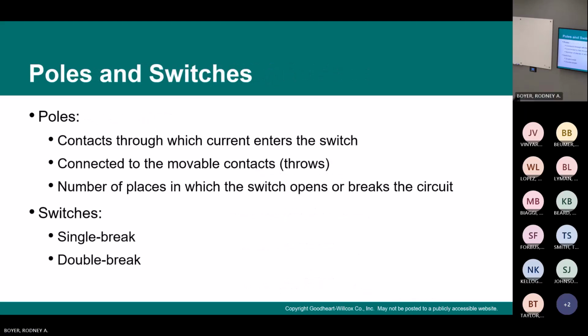Poles and throws. The number of poles tells you how many individual conductors the switch is going to open and close. A single pole switch is going to switch one wire. A double pole switch is capable of switching two wires. Three pole, three wires, and so on.